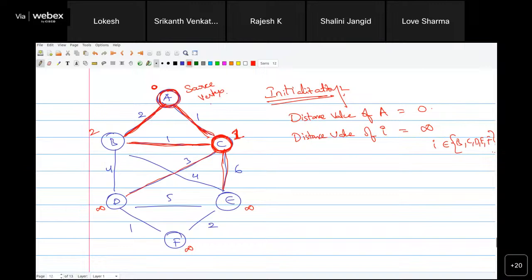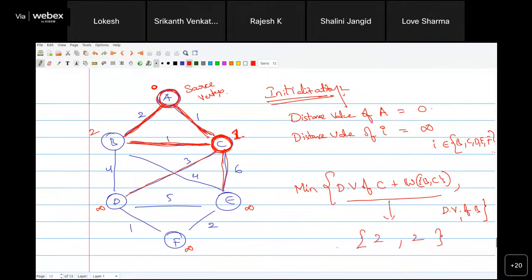So you have to update like this: the distance value of B will be the minimum of the distance value of C plus the edge weight of BC, or the already existing distance value of B. If you compute, this gives 2, and this is already 2, so the minimum of these two is 2 itself.